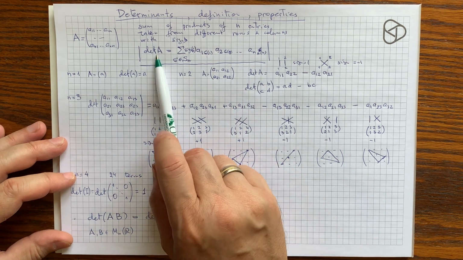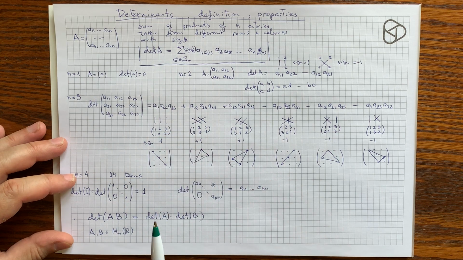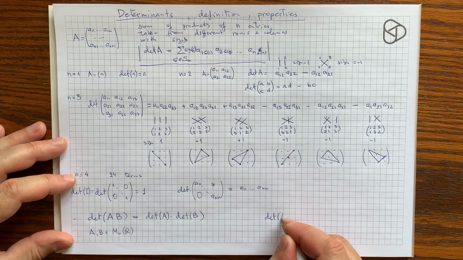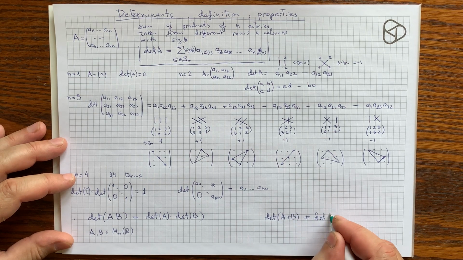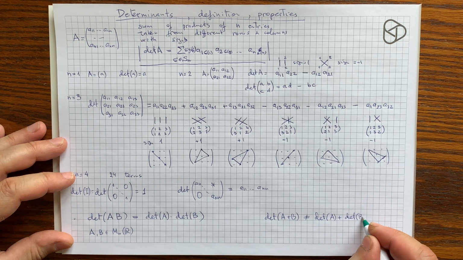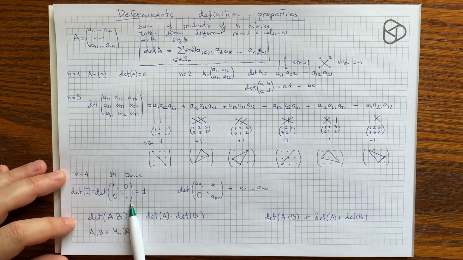Warning: the determinant is far from being linear. If we take a product of matrices, we have multiplicativity for the determinant, but for the sum of matrices in general there's no relation between the determinants. That is almost never true. It's easy to see. We can just take the identity matrix and minus the identity matrix.